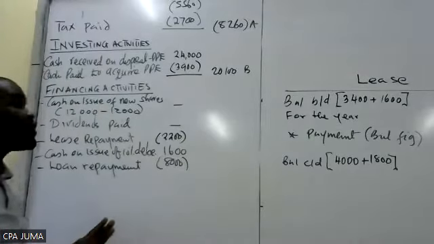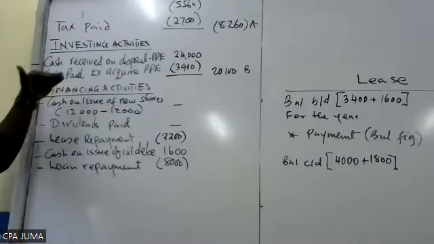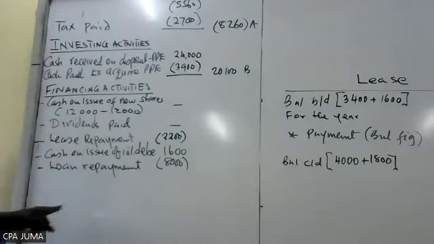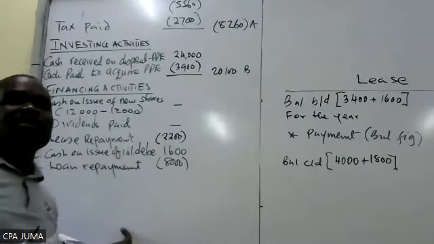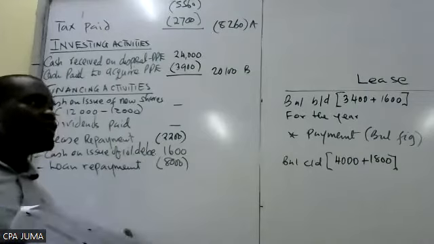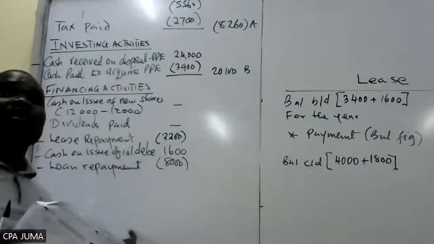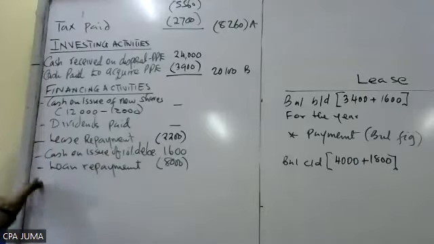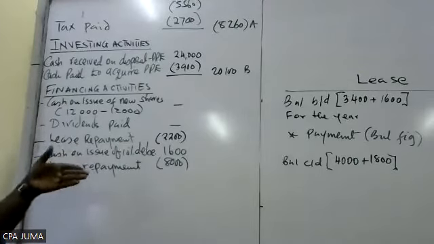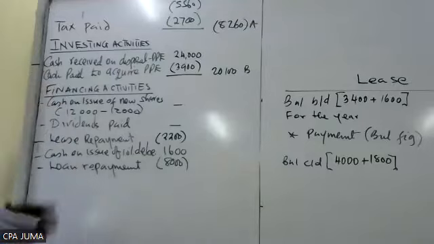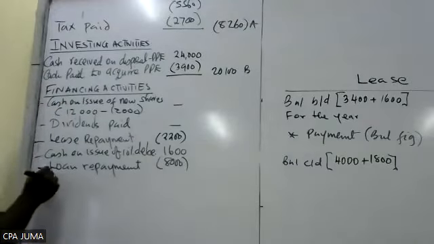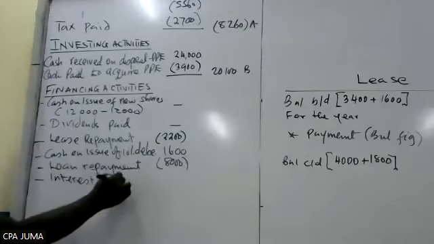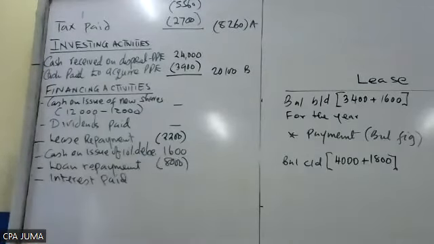When you finish, listen, when you finish equity, it is actually equity and non-current liabilities. The only thing I want you to bring here is interest. Interest, you can put it anywhere. But me, I feel interest should be here because we pay interest because of the loan. So the negative cash flow in financing. So bring here interest paid. Go to P&L and check interest.